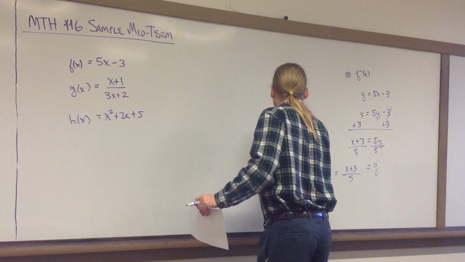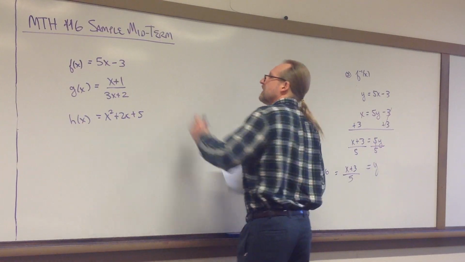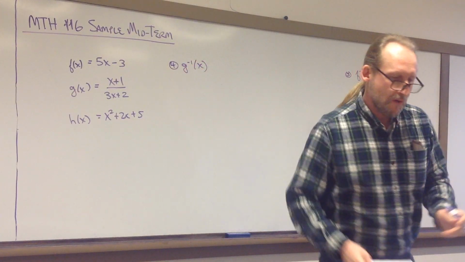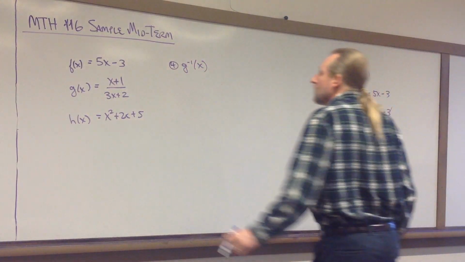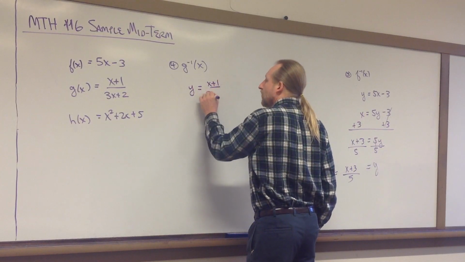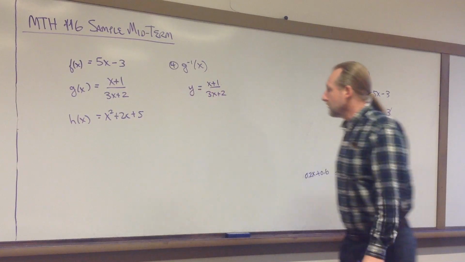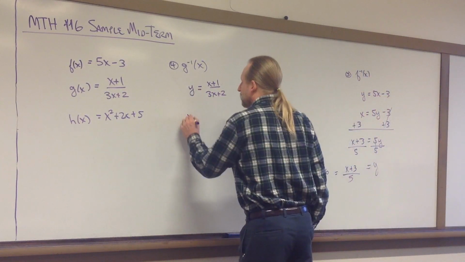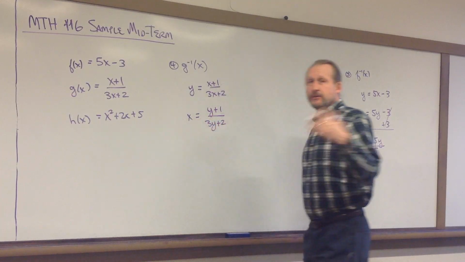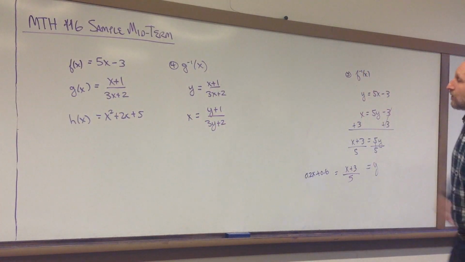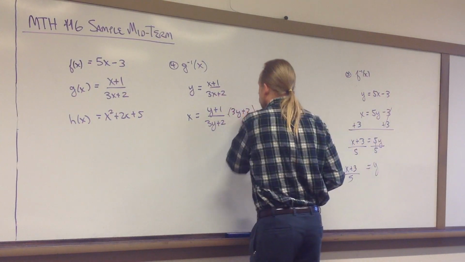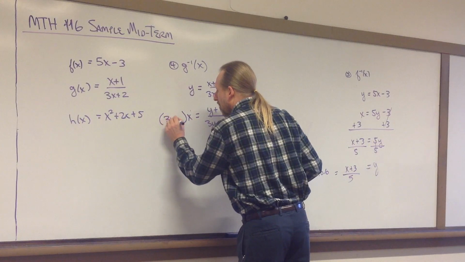All right, problem 4, G inverse. So this, I think, is the trickiest one. So we know that y equals x plus 1 over 3x plus 2. So let's swap the x and y variables. And now we have to get the y by itself. So, remember we want to clear out this denominator, multiply on both sides by 3y plus 2.